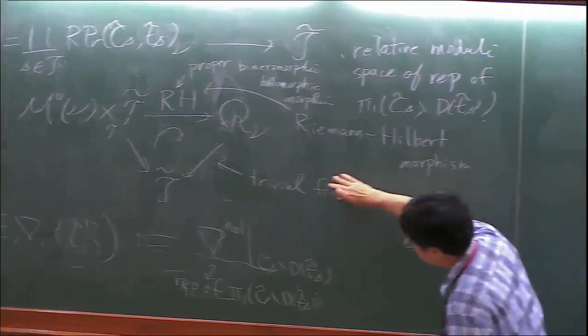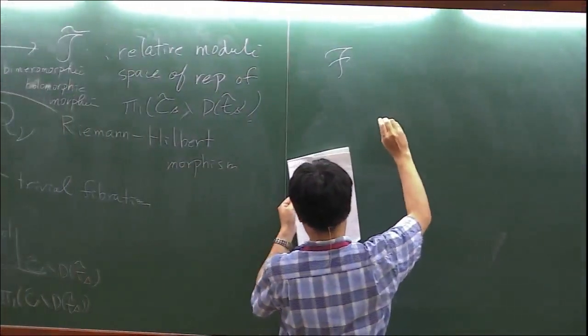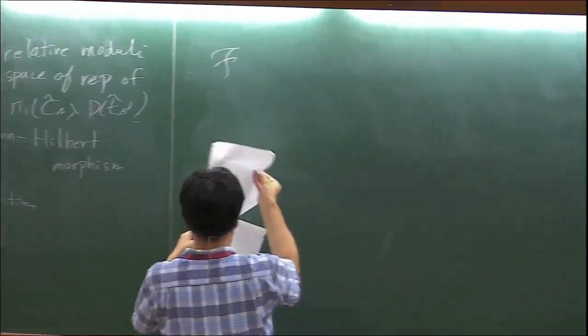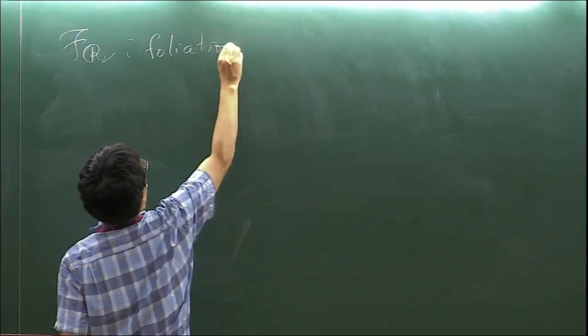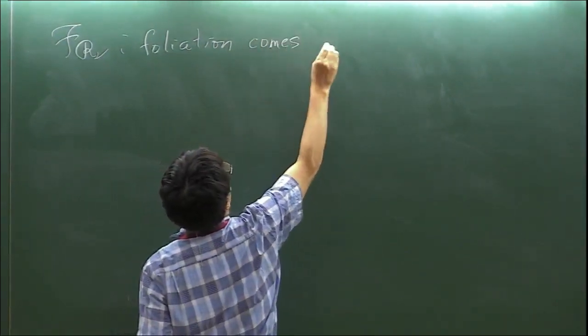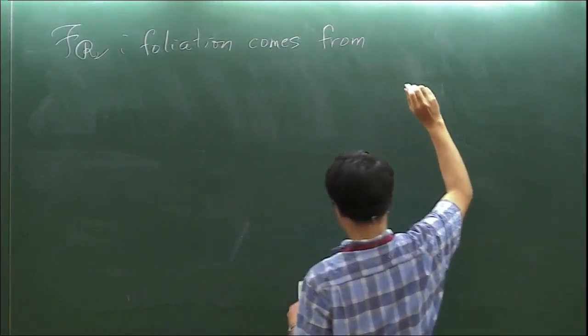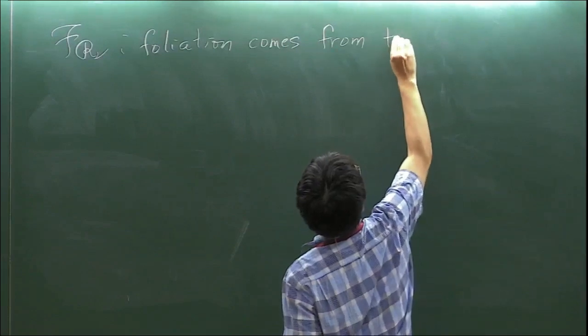And as I said, there is a trivial foliation on the family of moduli space of representations of the fundamental group. It comes from a trivial fibration.